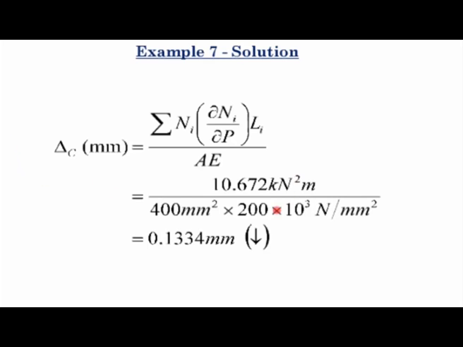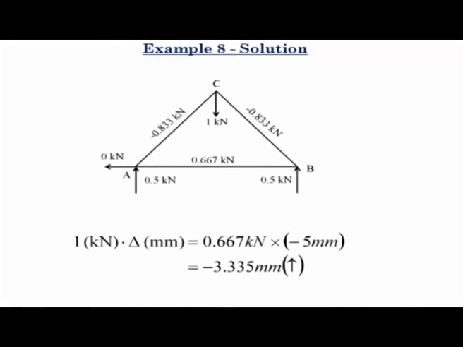So that Newton and Newton will cancel out and you will be left with millimeters on both sides. Always remember, in the original formula used to calculate the deflection, there is this unit load which we are already considering. Because it is unity, sometimes we neglect it, but don't forget to consider the unit. So there is a kilonewton or a Newton on the left hand side. If you take that into account on both sides, you will be left with millimeters.